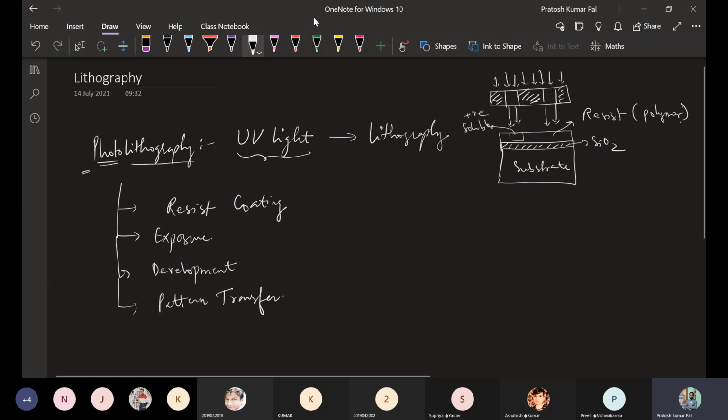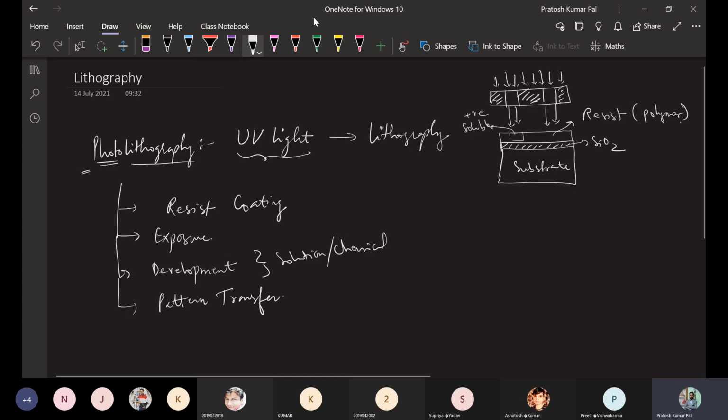That will be done by the UV light, and then after that, this will be dissolved in a development solution, which is a chemical. Whatever soluble resist is there will be dissolved in this development solution, and after that, we will be doing the pattern transfer.